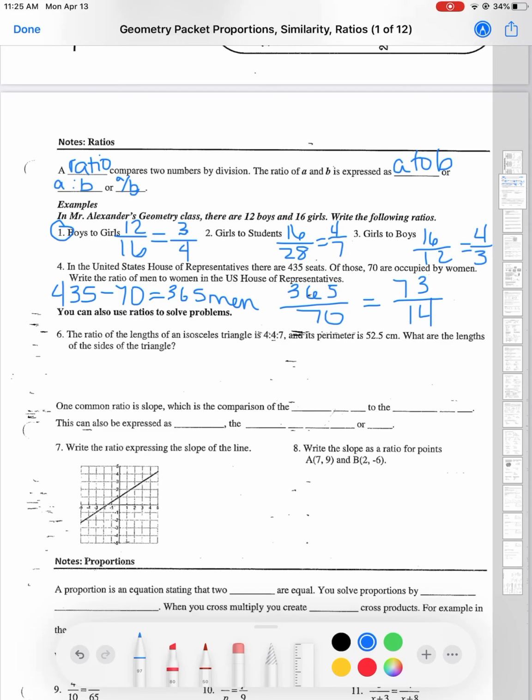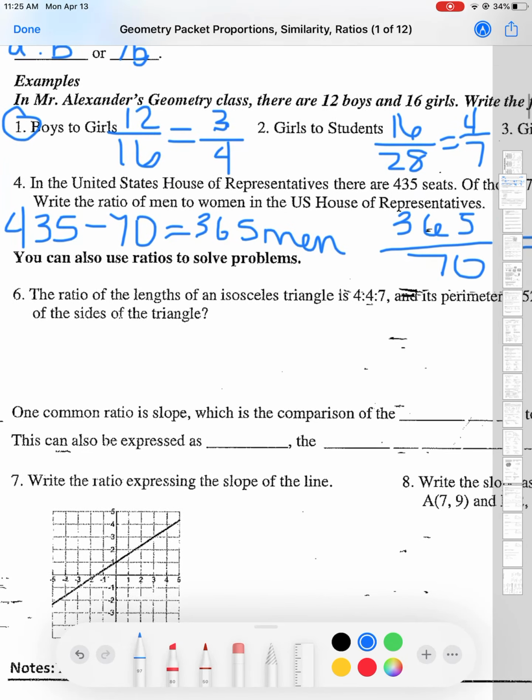Okay, so the ratio of the lengths of an isosceles triangle is 4 to 4 to 7, and its perimeter is 52.5 centimeters. What are the lengths of the sides of the triangle? So to do this problem, it's like the ones we did the other week. We're going to go 4x plus 4x plus 7x equals 52.5.